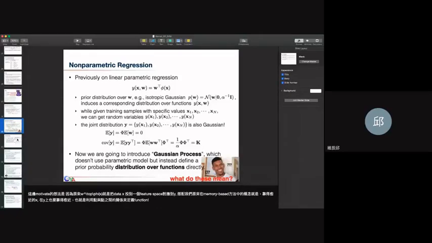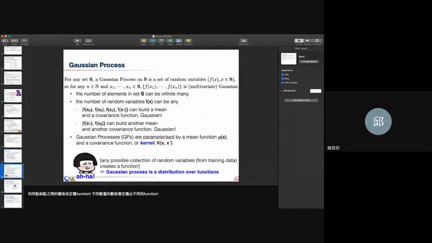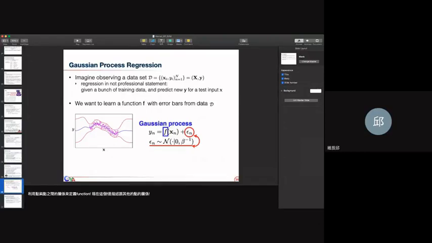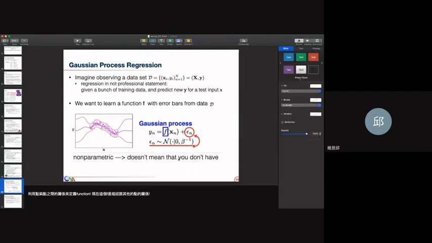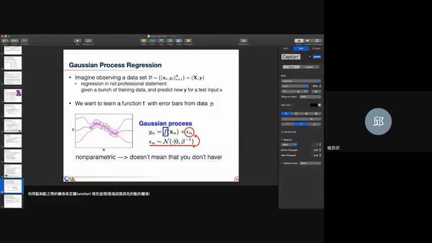So let me try to write this here. Non-parametric doesn't mean that you don't have any parameters in your model.